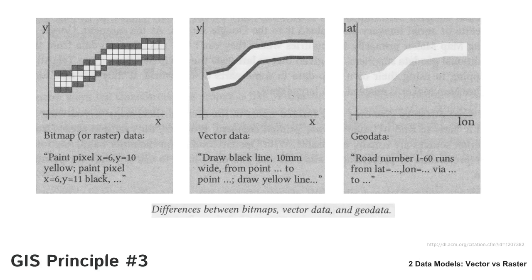So both raster and vector can be geodata as long as they share a coordinate space that makes sense for modeling the world. One of the most common, and the one we're going to be dealing with very soon in our first week here, is latitude and longitude.